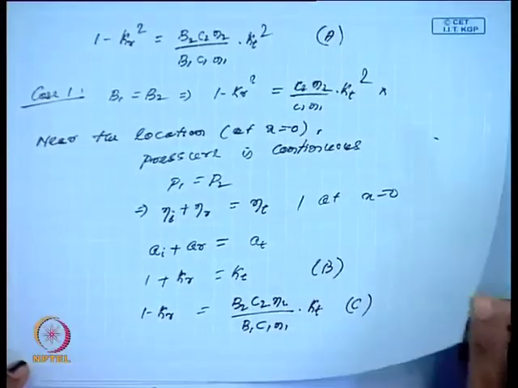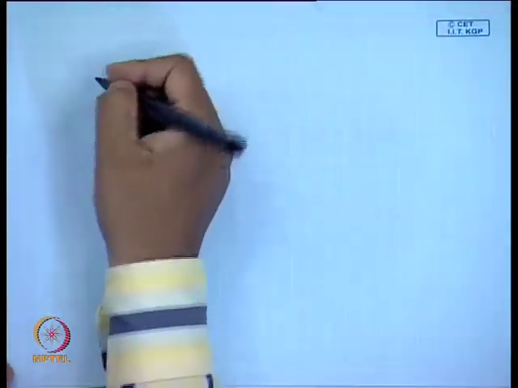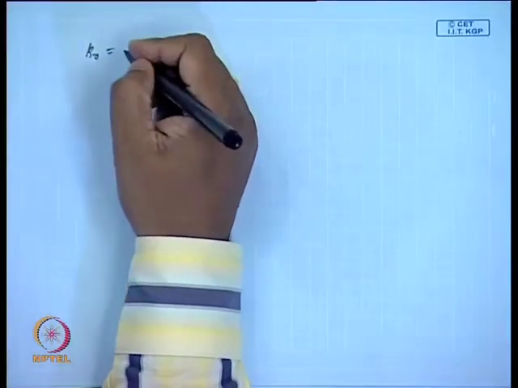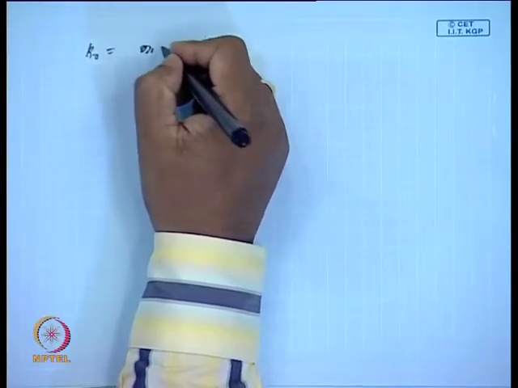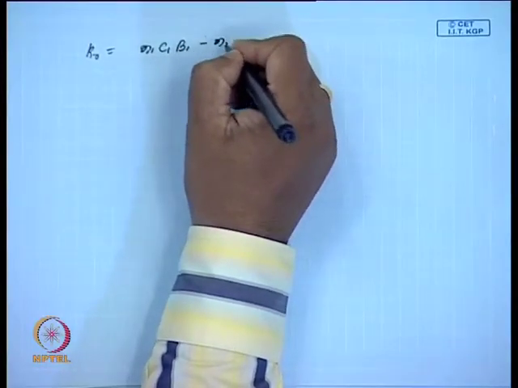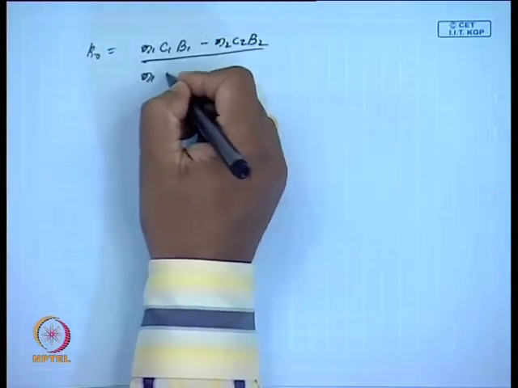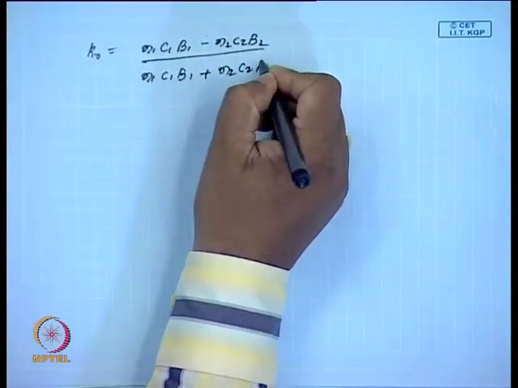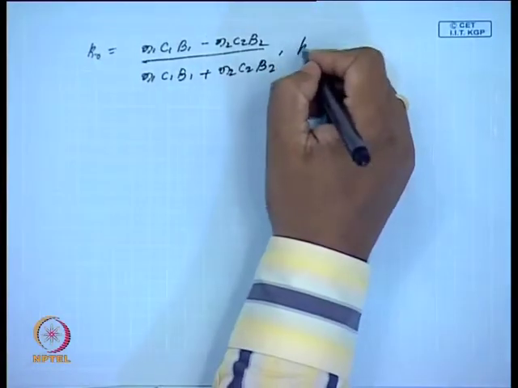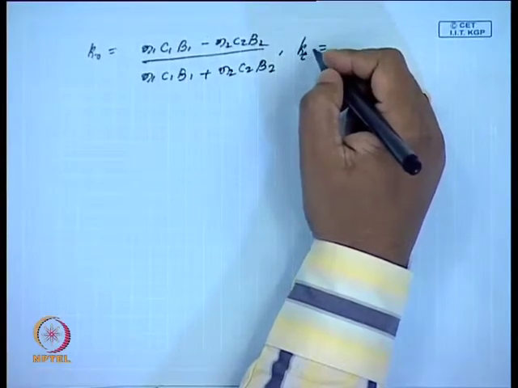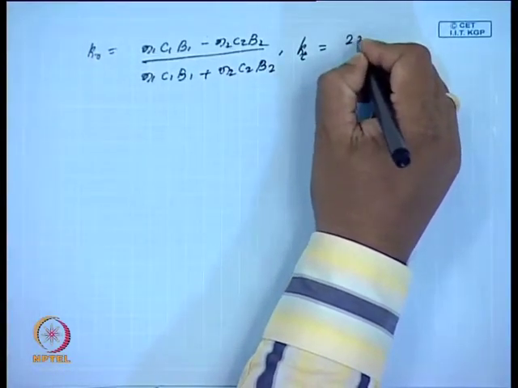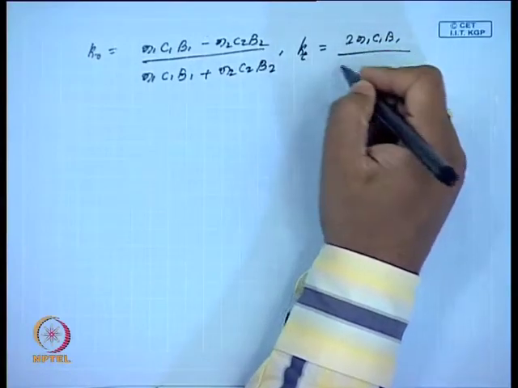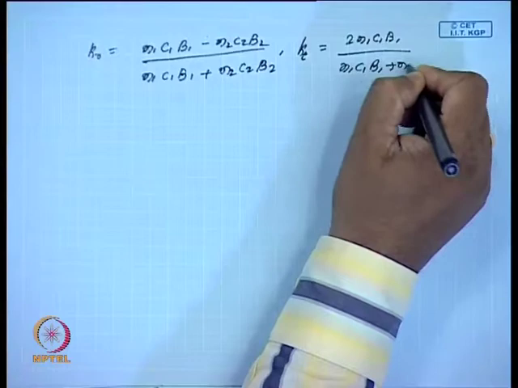If I add and subtract these two equations, I can easily get K_R is n_1 C_1 B_1 minus n_2 C_2 B_2 by n_1 C_1 B_1 plus n_2 C_2 B_2, and similarly we get K_T. K_T is 2 times n_1 C_1 B_1 by n_1 C_1 B_1 plus n_2 C_2 B_2.